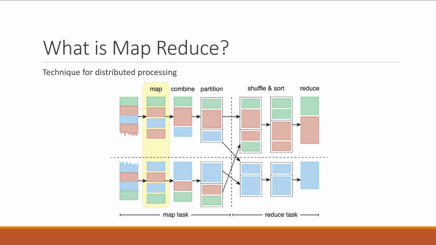So that's really what's happening at the map task. The important thing to note is that these things are happening on the actual data nodes themselves. After all of this work takes place, the results of the entire map task process are then going to be pushed off to another machine, another node, which is responsible for doing the reduce.